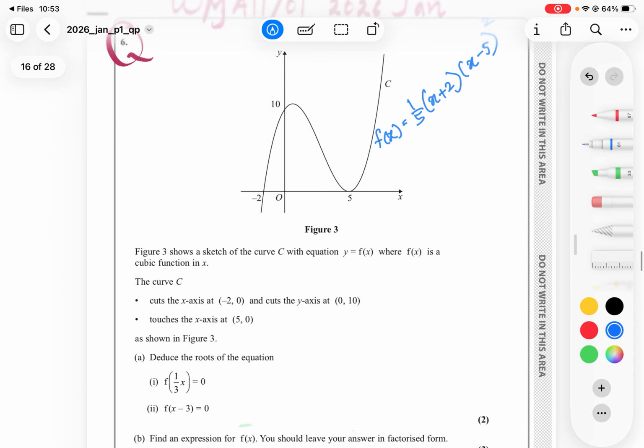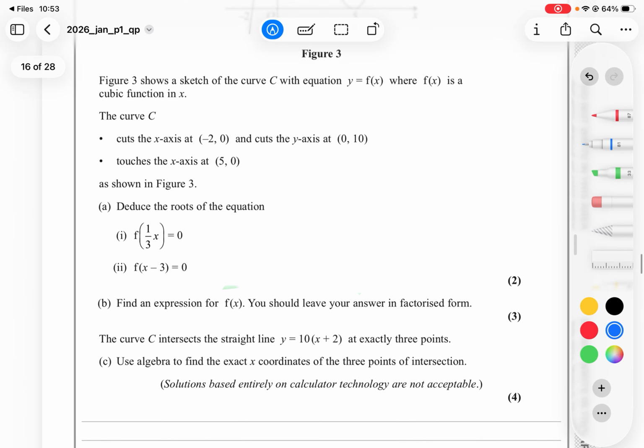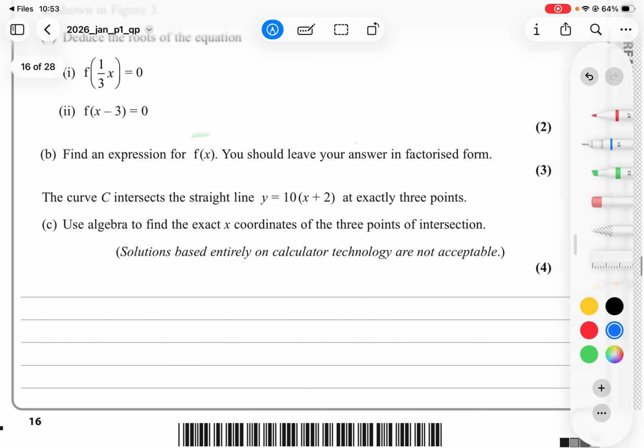Once we have that f(x) equation, let's move to part C. In part C, they say the curve C that we drew so far intersects this one exactly at 3 points.